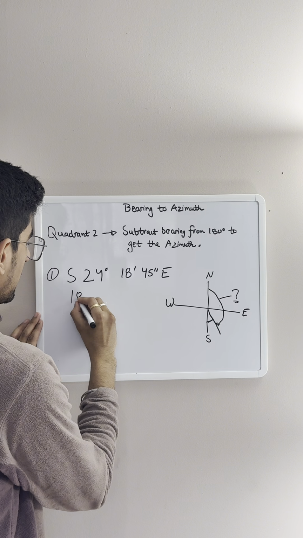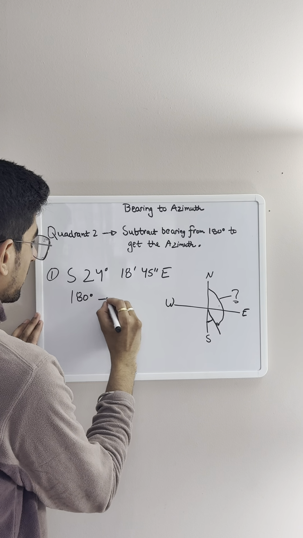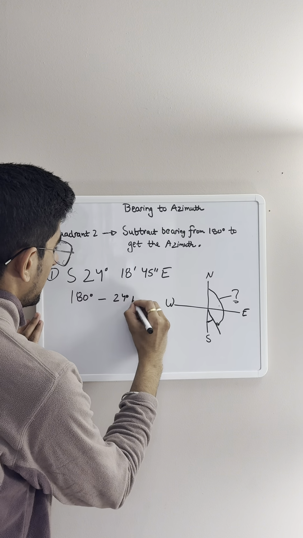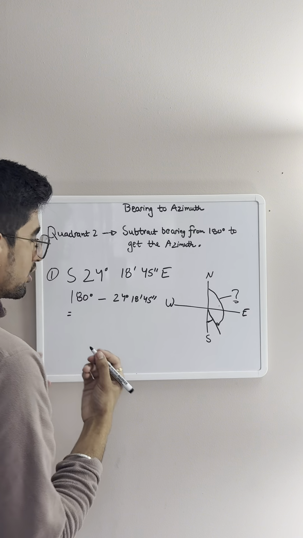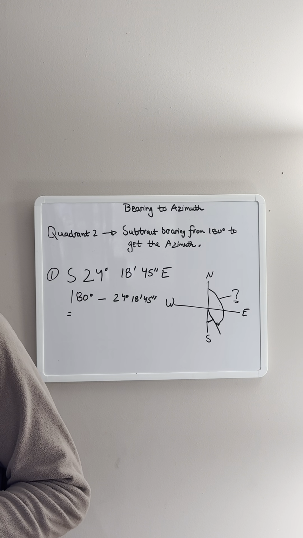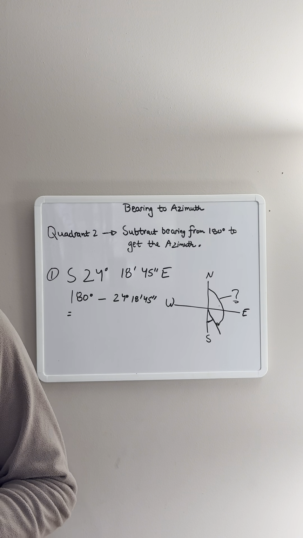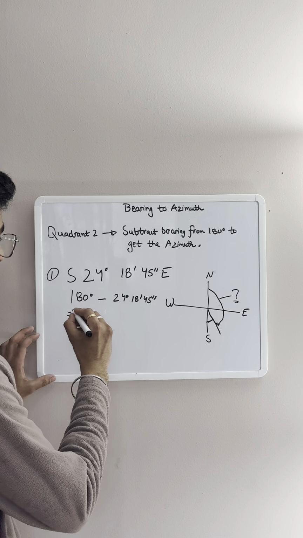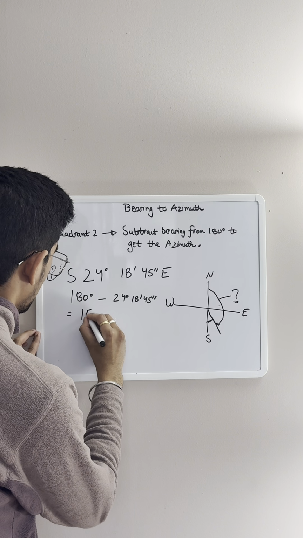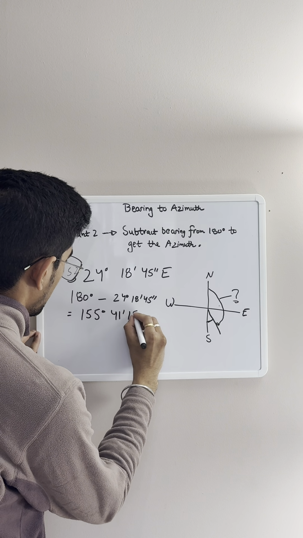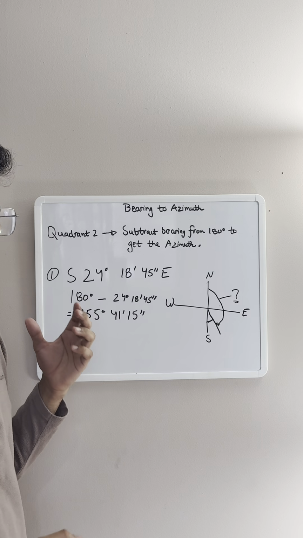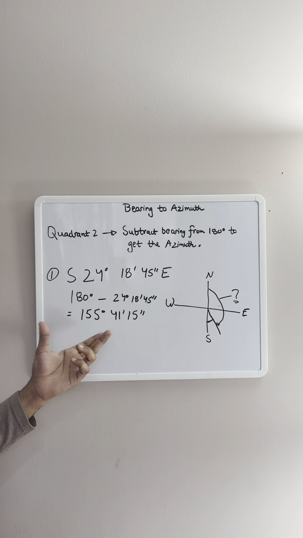So 180 degrees minus 24 degrees, 18 minutes 45 seconds, and after subtracting it from 180 degrees, you will get this value.